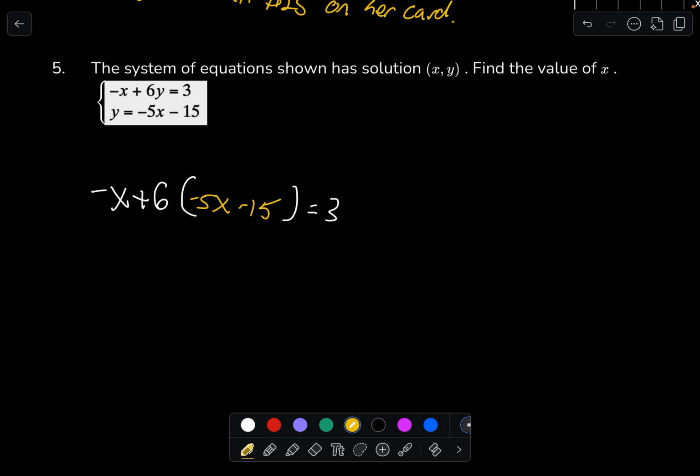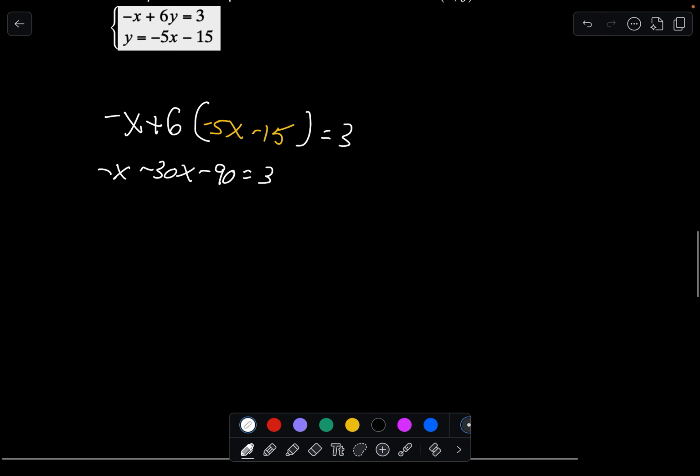You distribute the 6, just like from the last unit, and you probably should use a calculator because I doubt many of you can handle it. Some of you will. Okay, but 6 times negative 5 is negative 30. 6 times negative 15 is a little bit trickier. 6 times 10 is 60. 6 times 5 is 30. It's 90, negative 90. And that equals 3.